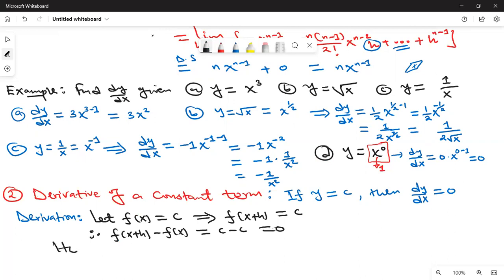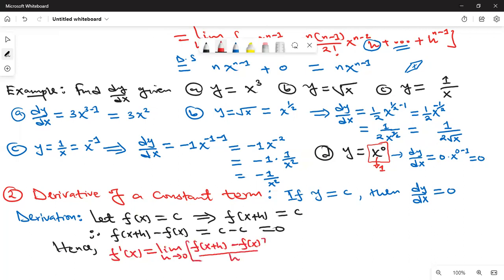Hence, from the first principle, f prime of x is the limit as h approaches 0 of f of x plus h minus f of x, everything over h.